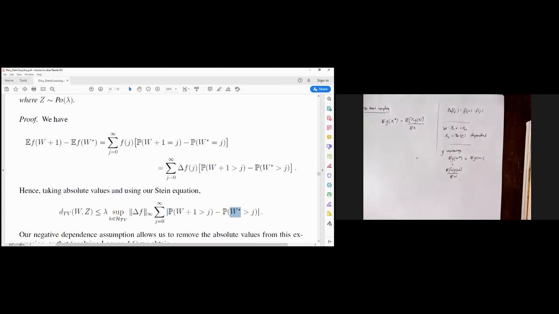And so what's the right assumption to let me throw away those absolute value signs? It's precisely a stochastic ordering between w plus 1 and w star, because that stochastic ordering was exactly by definition the setting where these right tail probabilities are always larger for one than the other.